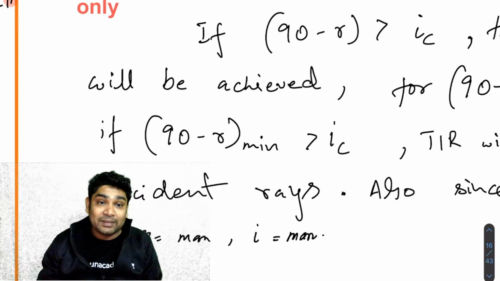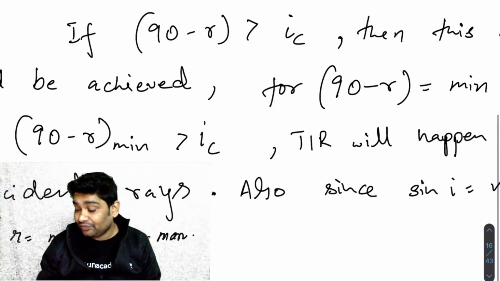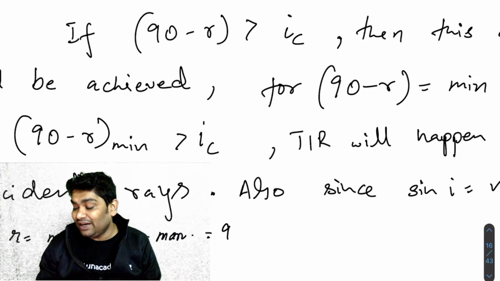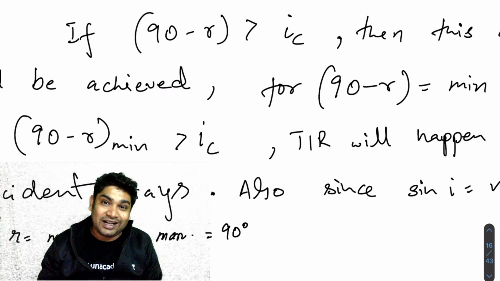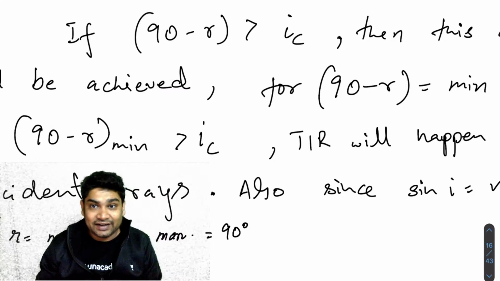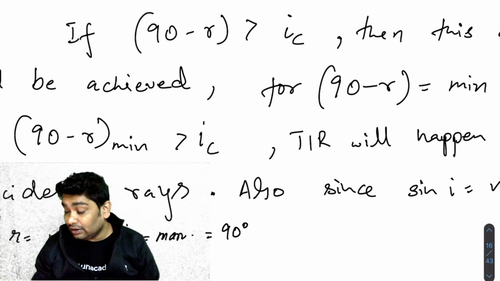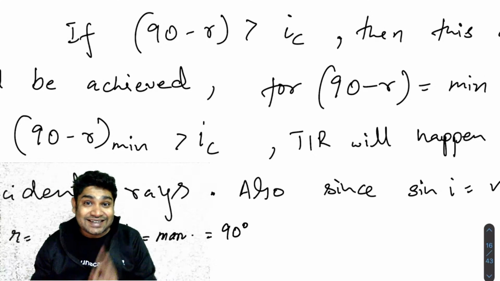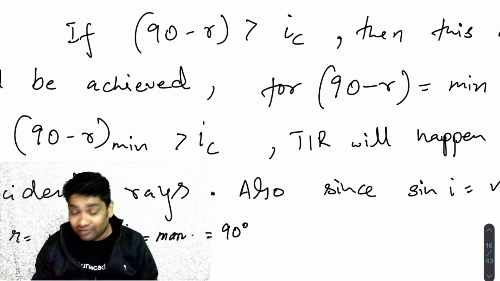And you know what the maximum possible value of I is? That is equal to 90 degrees. Okay, you cannot have an angle of incidence greater than 90, right? So at angle of incidence 90, you will have the greatest angle of refraction.